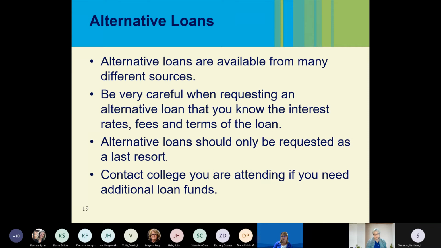Otherwise, you probably have heard some of the big ones like Sallie Mae that will do the private loans. You just have to be very careful when you look at them to know what the interest rate is, the different fees, terms, and so forth. Some of these student loans also include a grace period. So preferably you're going to want to go through your grants, scholarships, and federal direct loan programs before you have to tap into the alternative loan market.